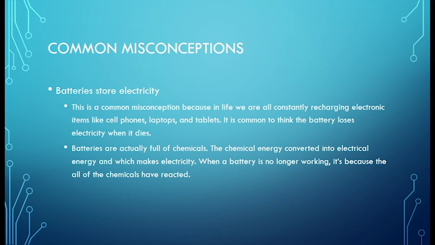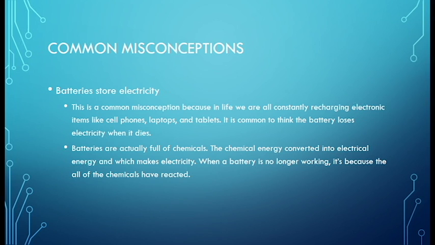Another misconception is that batteries store electricity. I think this is a common misconception because we're always talking about, oh, I need to charge my iPad, or my iPhone, or my laptop, and that's true.